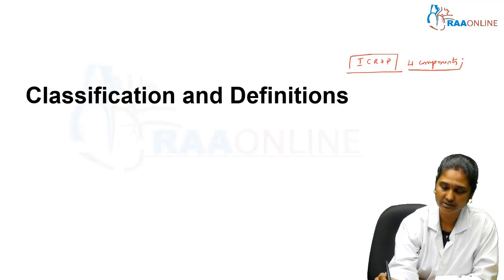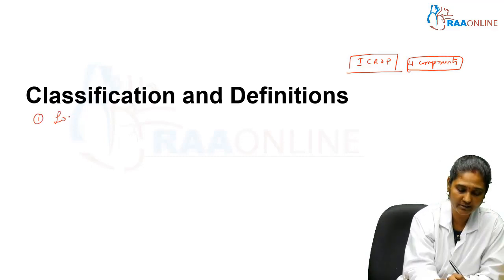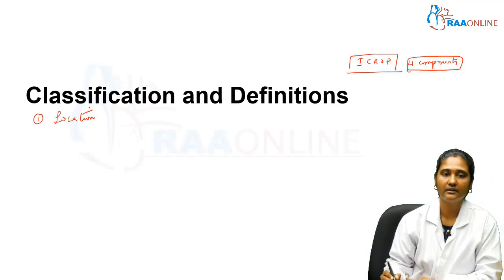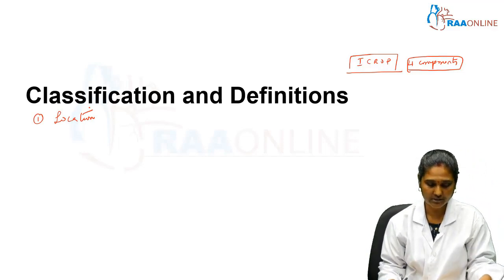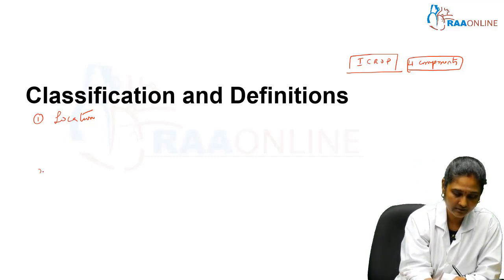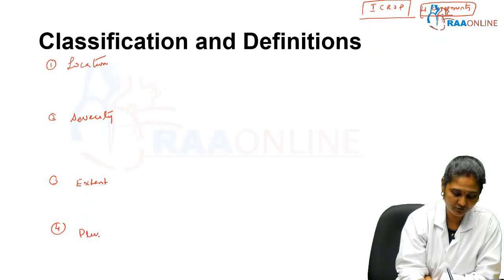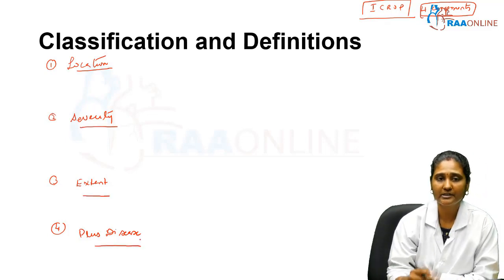The first one is the location, based upon where the ROP is located. Then the severity, then the extent of the disease, and the fourth one is the presence of plus disease. Under these 4 components, the ROP is classified and put under categories.